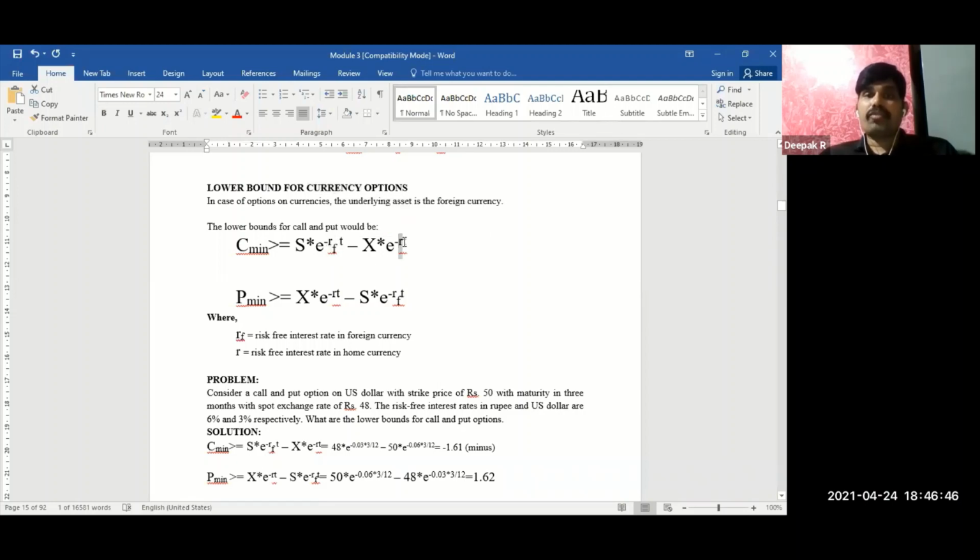What is the rate of interest in the home country? So within the formula, previously it was spot price minus X into e power minus RT. But now we are taking the differential between the home country and the foreign country in terms of the risk-free interest rate, and then we go for the lower bound.